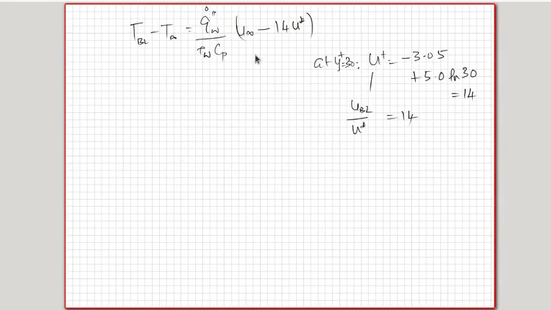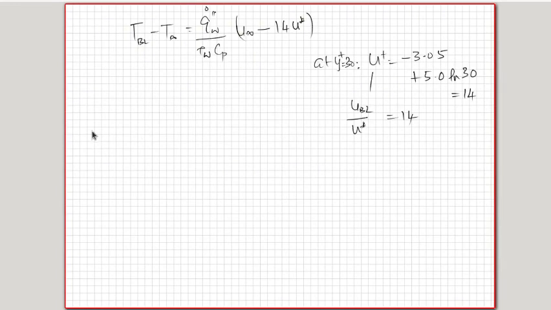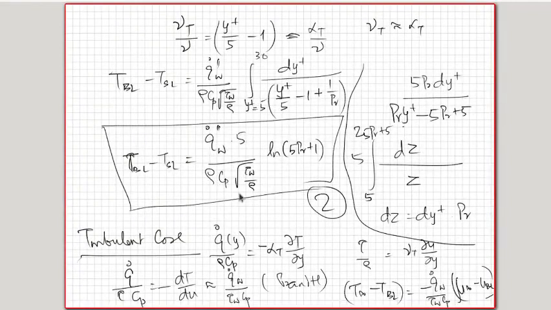Okay, so now if I want to write this expression in a fashion quite similar to the other two, q wall divided by this kind of expression. So this square root of tau wall by rho, I can take it further out.